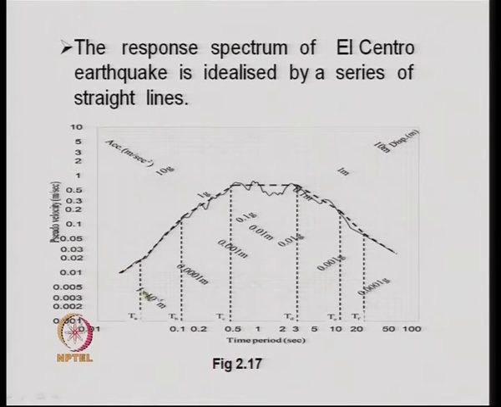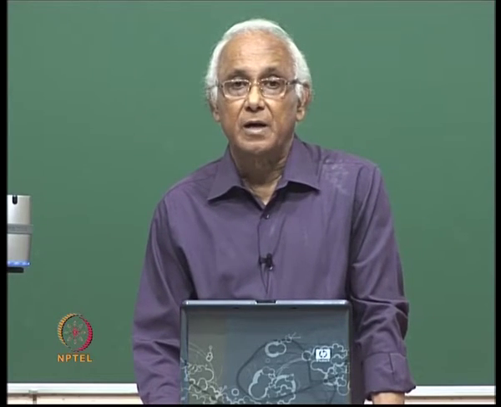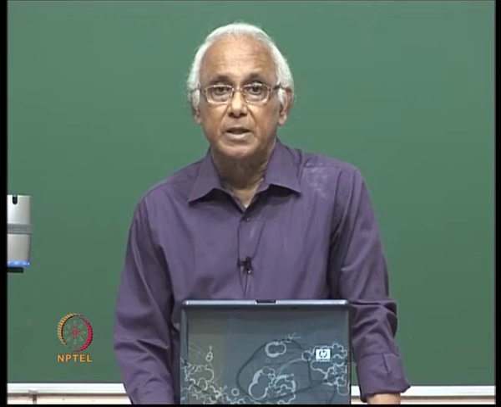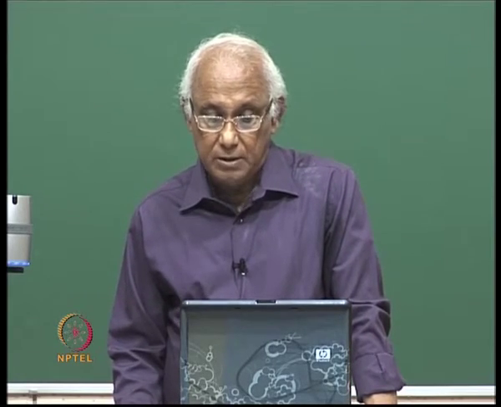That means we measure along this axis, therefore it shows a constant acceleration, and this shows a constant displacement which is equal to the ground displacement. That is how the specified ground acceleration and specified ground displacement, their maximum values, are utilized in plotting this curve.